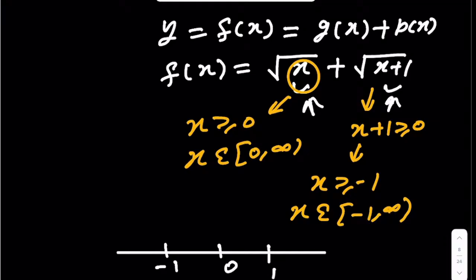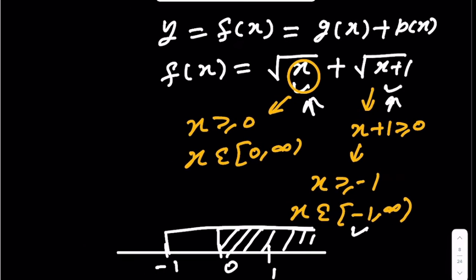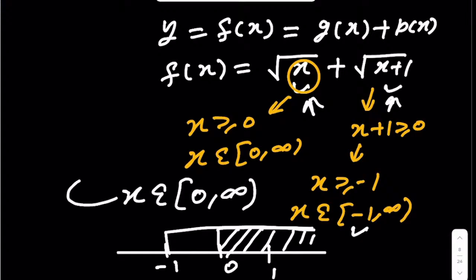So minus 1 to infinity means this portion, and 0 to infinity means from here to here. Which one is the common part of these two? This one. So you can say that the domain is the closed interval 0 to infinity, which is the right answer. I hope you understand. So that is domain. Common part of these two.